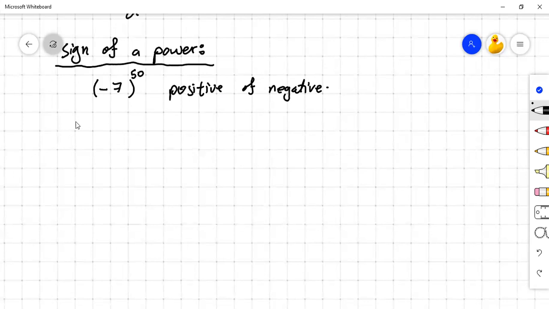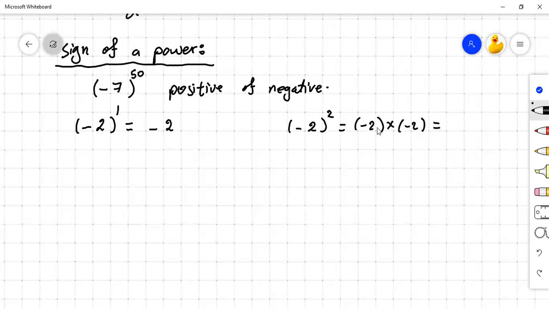What if we have, for example, minus 2 exponent 1? Here it's minus 2 multiplied by itself one time, so it's minus 2. And if we have minus 2 exponent 2, it's minus 2 times minus 2, which is minus times minus plus, and 2 times 2, 4.